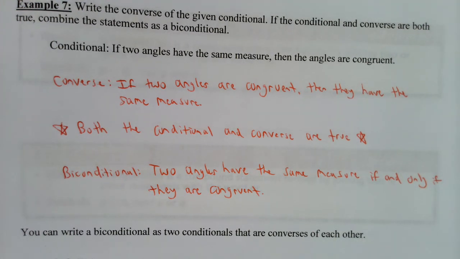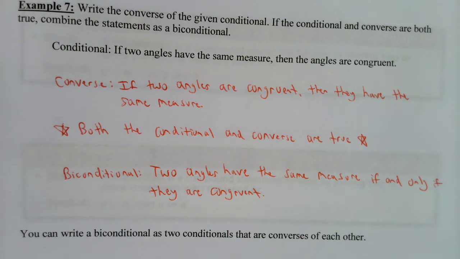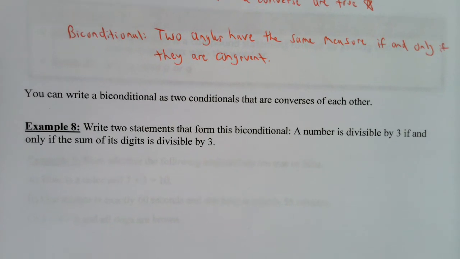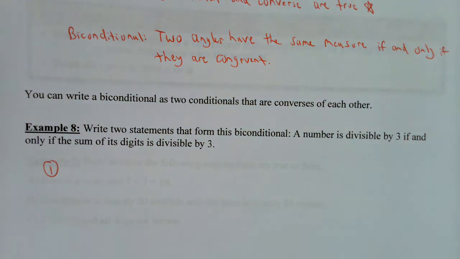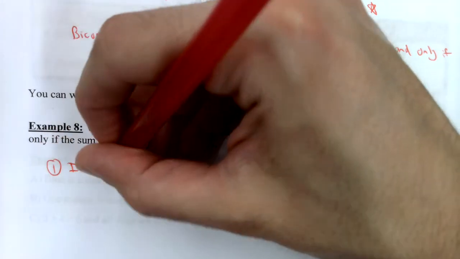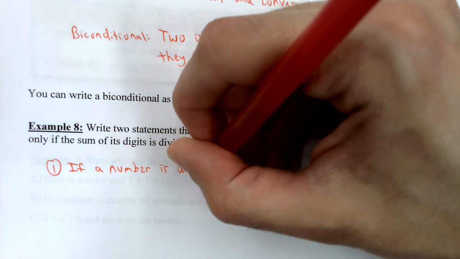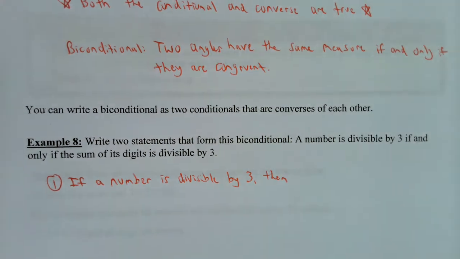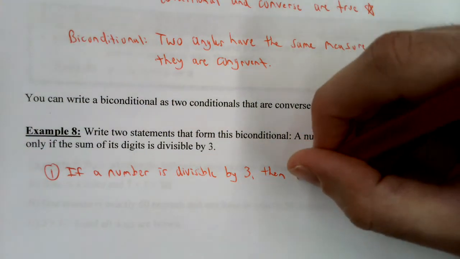Now we're going to go the opposite way. For example 8, I'm going to give you a biconditional, and you have to write two statements from that. Write two statements that form this biconditional: a number is divisible by 3 if and only if the sum of its digits is divisible by 3. My first one: if a number is divisible by 3, then the sum of its digits is divisible by 3.